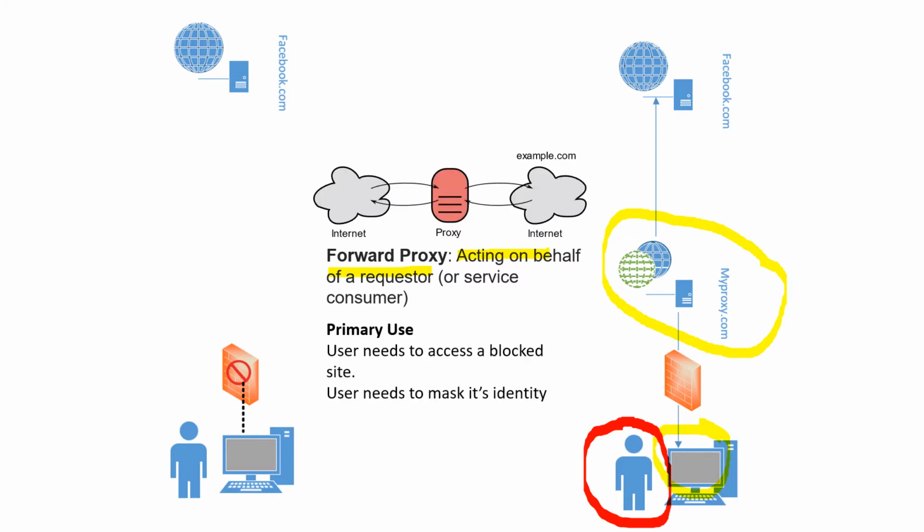The primary use cases: the first one we have already seen, the user needs to access a blocked site. There could be another use case wherein the user wants to mask their identity, meaning the user's IP address, and doesn't want to make facebook.com aware of where the request is being routed from. So the user goes via the proxy, and thereby is able to access facebook.com without revealing their own identity.